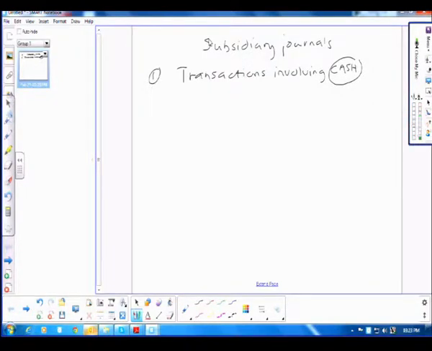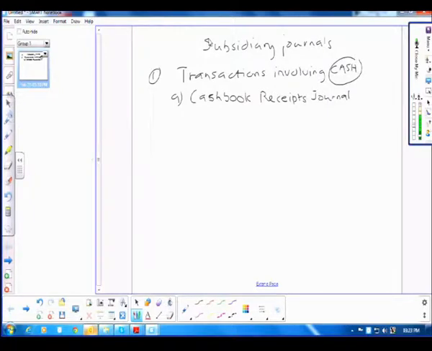So what is the first subsidiary journal in this category? We call it the cash book receipts journal. Others call it the cash receipts journal. It is the same.